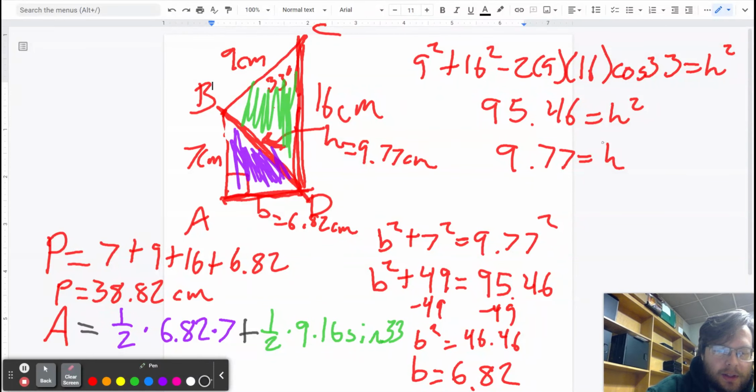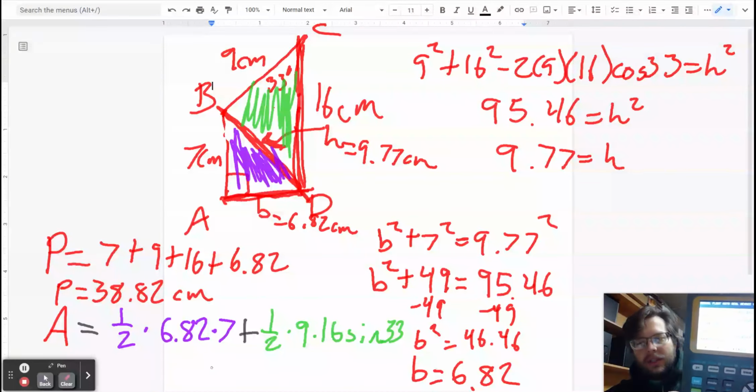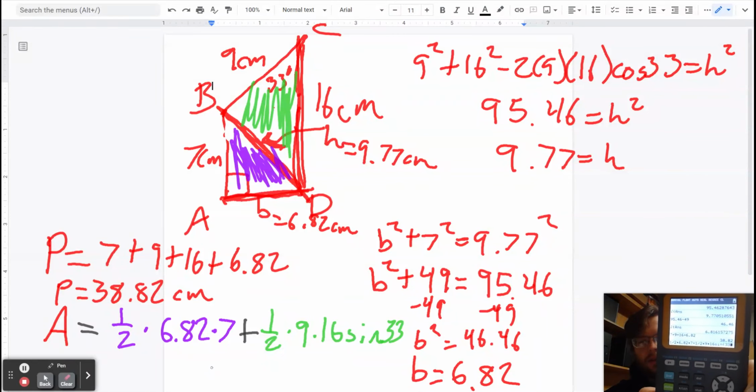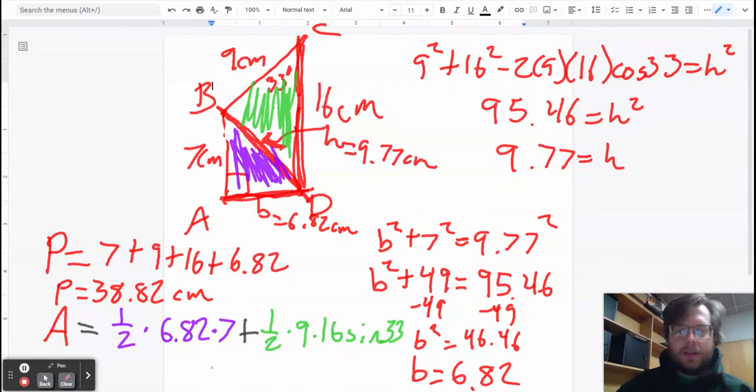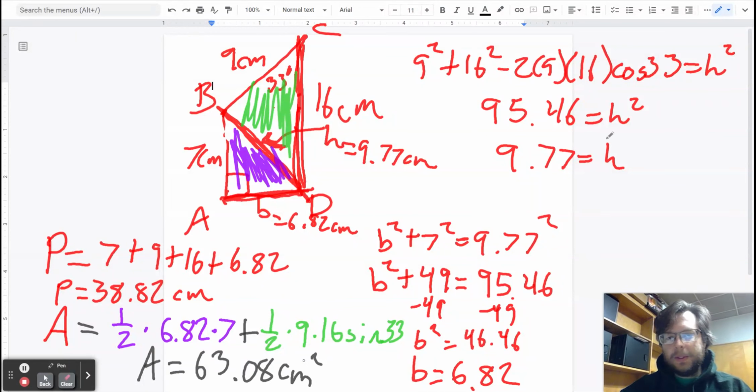And after I put all that together, I can type that all into the calculator. Type it all in just like that. And then hit enter. I get that the total area is 63.08, and that's going to be measured in square centimeters.